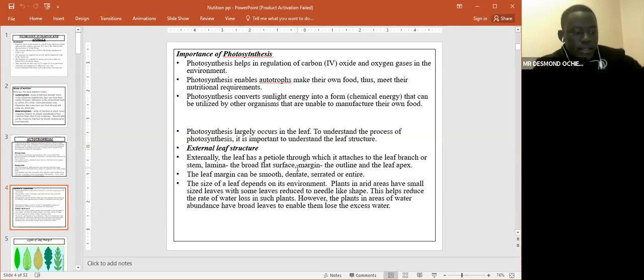So just in less than 3 minutes, allow me to sketch a structure of a leaf so that you can see the various parts.